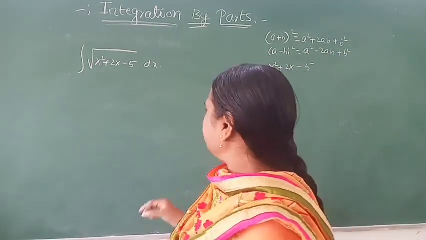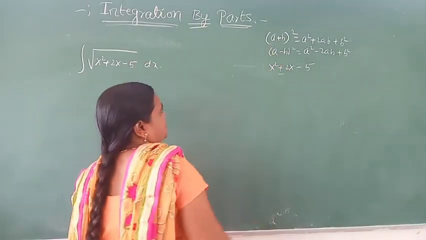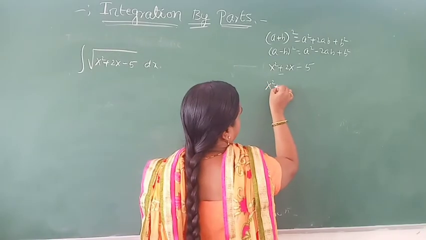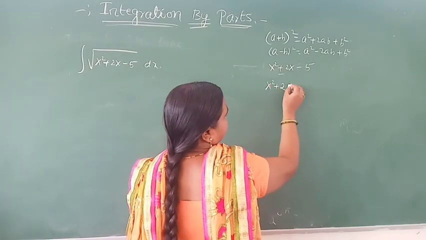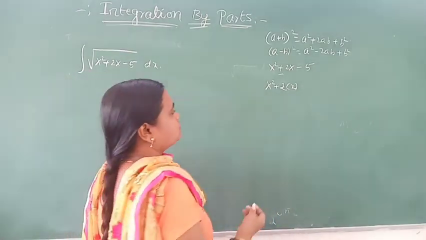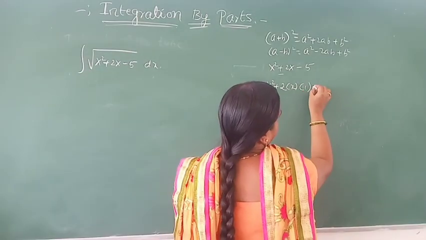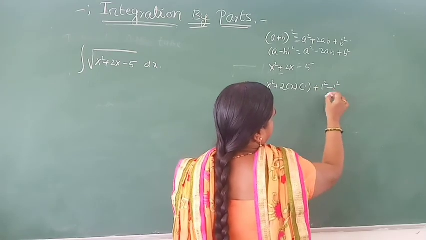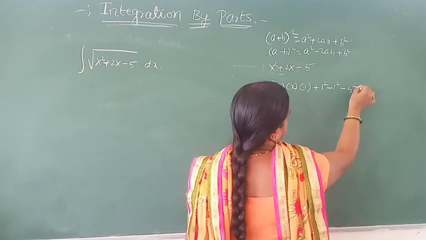But here the sign in between is plus, therefore we have to apply the a plus b the whole square form. And we will get x square plus 2. What is a here? A is x. And whatever is left, we consider b. Here which one is left? Only 1. Right? And make it a perfect square. 1 square minus 1 square because of balance. And minus 5 as it is, we are writing.